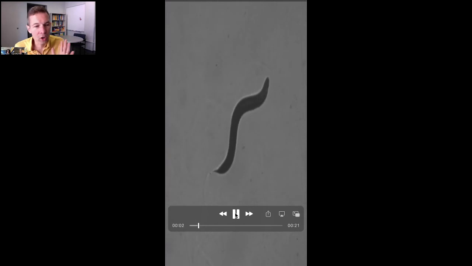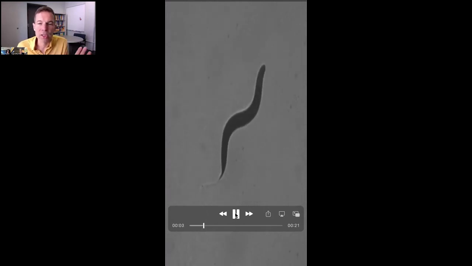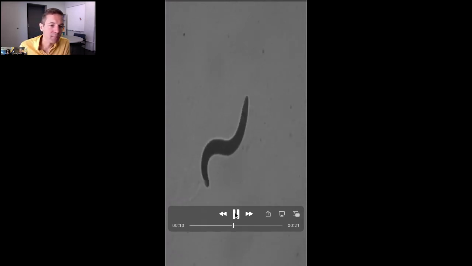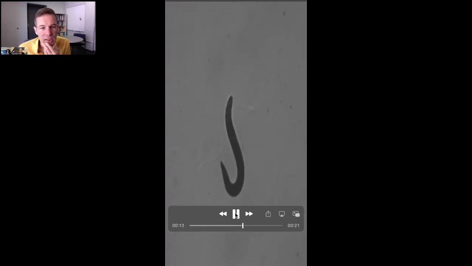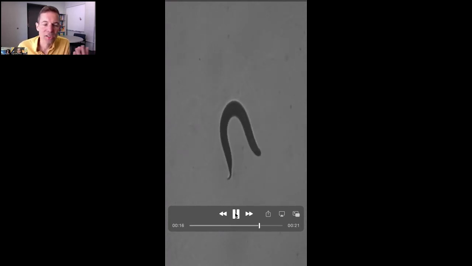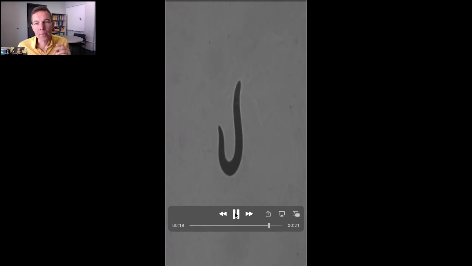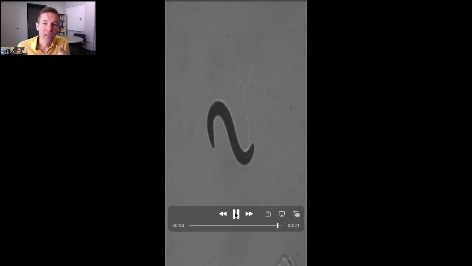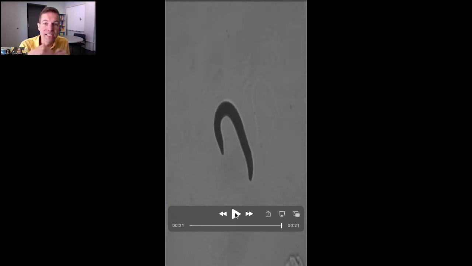So this video is 21 seconds long. Initially, the worm is moving forwards in this sinusoidal motion. At some point around 9 seconds, it changes its mind and transitions to moving backward. And the backward motion actually has deeper body bends.